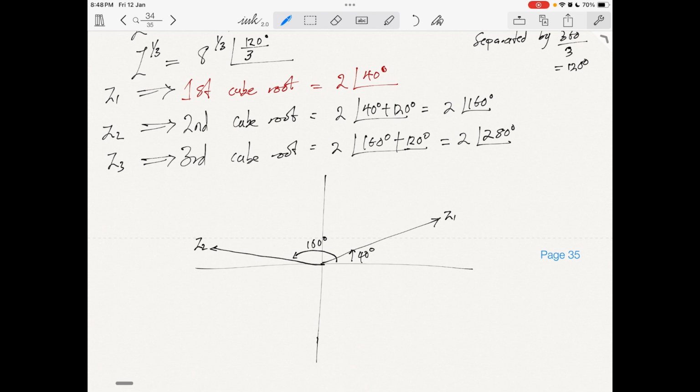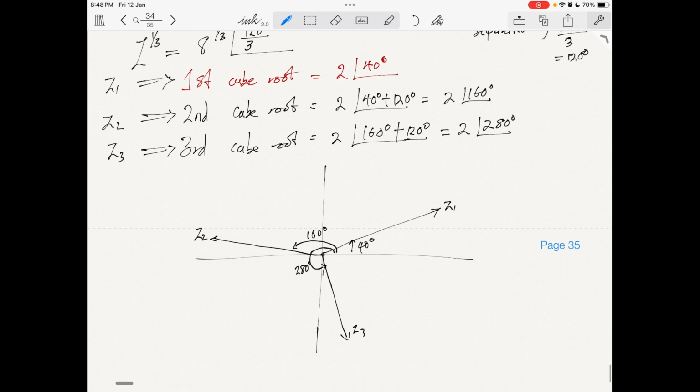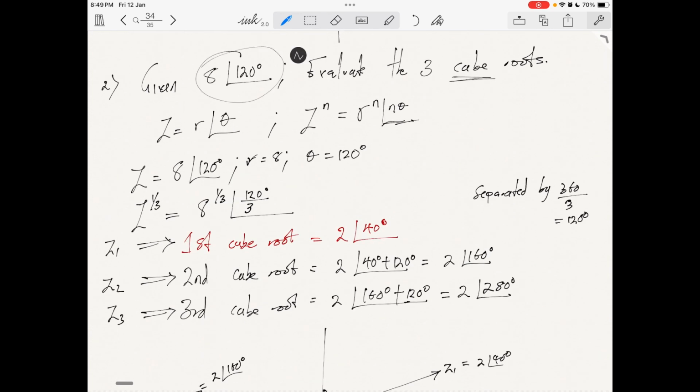And the third cube root is at an angle of 280 degrees, which we will call Z3. This is a pictorial representation of the three cube roots of 8 argument 120 degrees.